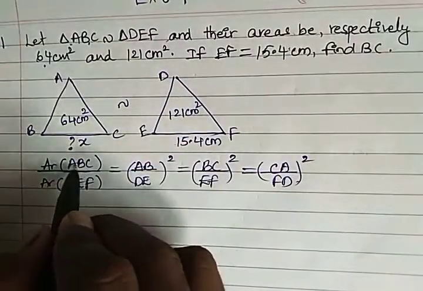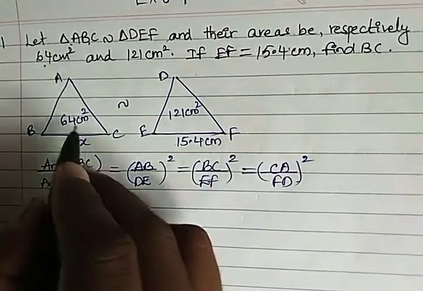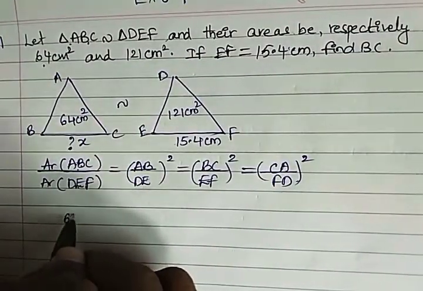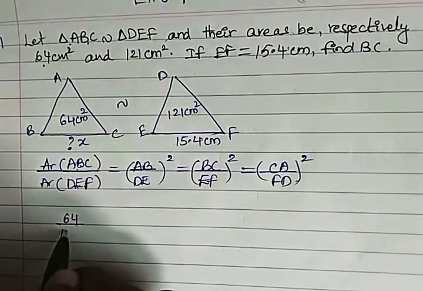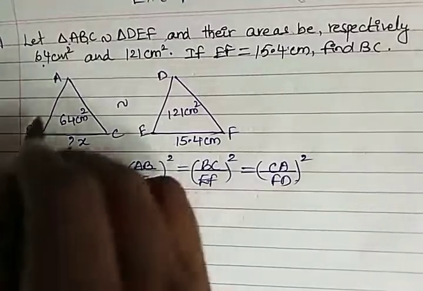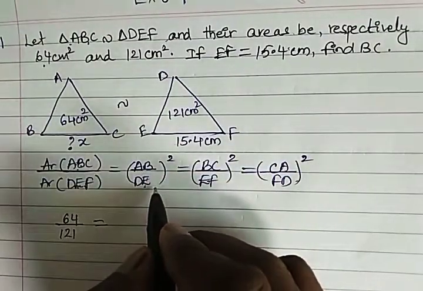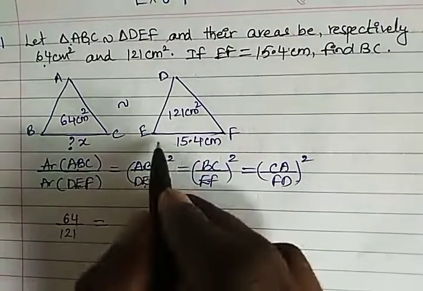In the given question, the areas of both the triangles are given. Area of ABC is given as 64 and area of DEF is given as 121 centimeter square, which is equal to AB by DE. It is not given, which is not required also. But BC by EF, BC is to be calculated, EF is given.